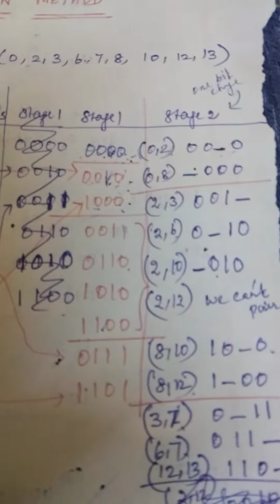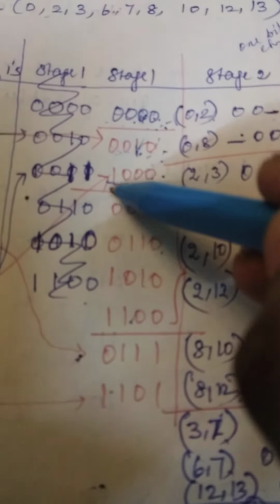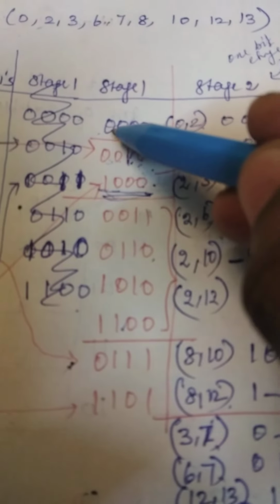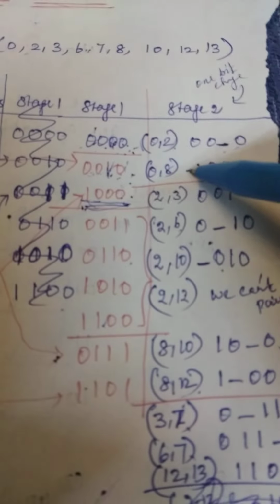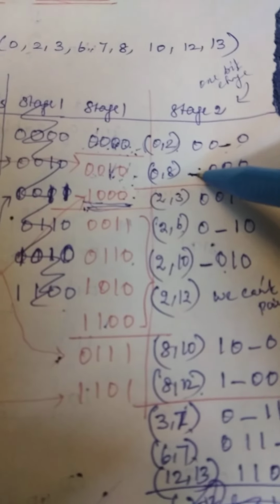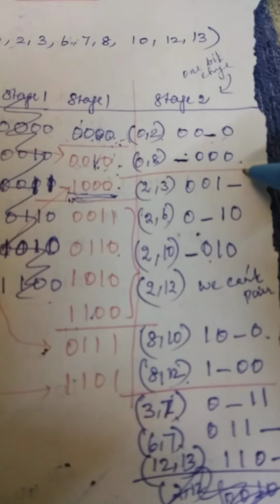Similarly 0 and the next, 8, you compare this. Here only this bit is changed, others are the same. So the changed bit you put a hyphen and the remaining bits you write as they are.